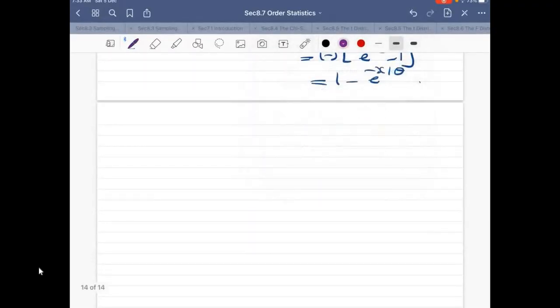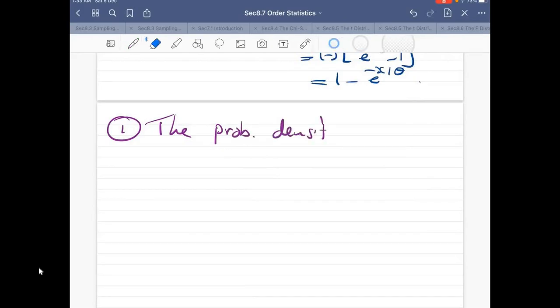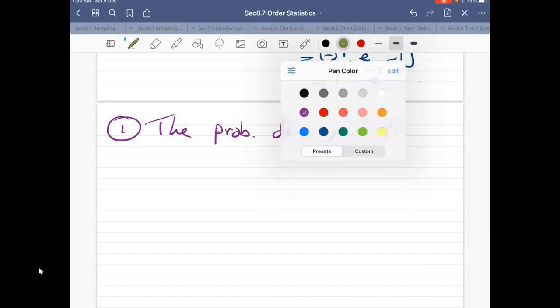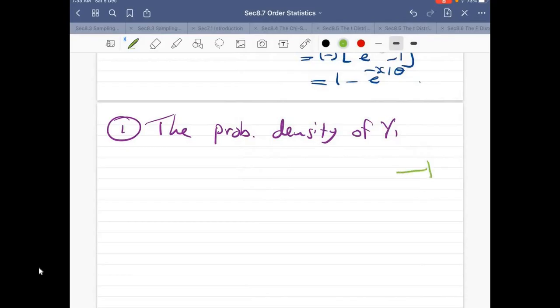Accordingly, we can now find the probability density for the minimum, the density of y1, the first order statistic. Okay, I never memorize it. I picture it in my mind all the time. So it will be y1, and from y2 to yn, I have n minus 1 variables.